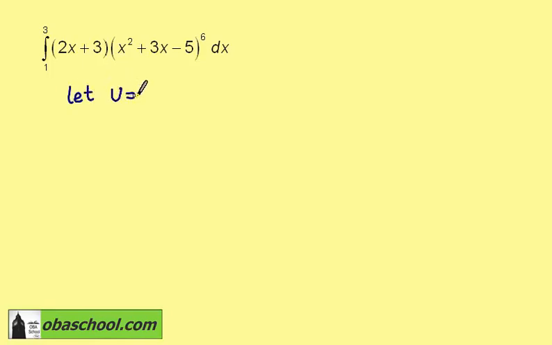Here we're going to let u be x squared plus 3x minus 5. If we differentiate this, we get du/dx is equal to 2x plus 3.